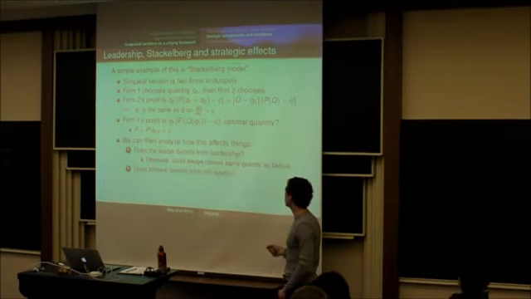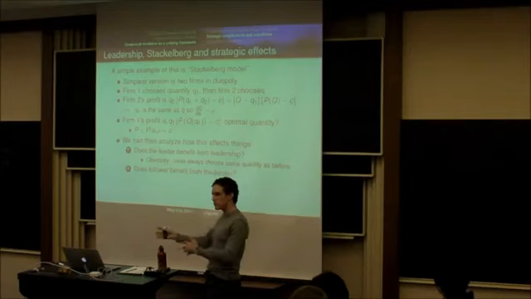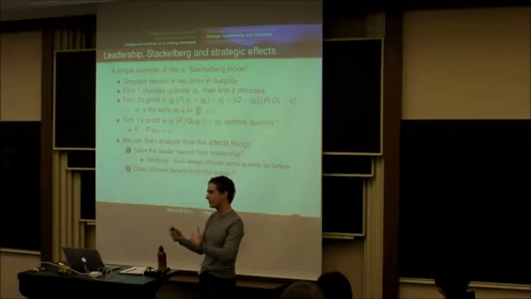Okay. Does the follower benefit from the firm being the leader? Well, that depends on whether it leads the leader to increase or decrease their quantity. The follower always wants the leader to decrease their quantity, because that's better for the follower. They have less to compete with, right?